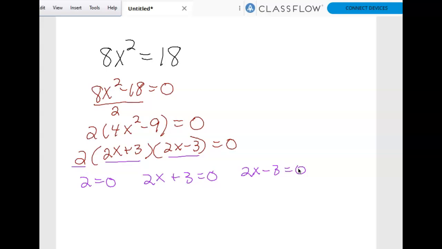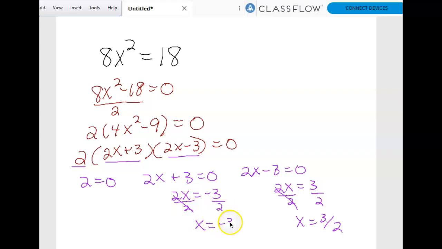So this one, I'm going to add 3 and divide by 2. So I get x is 3/2. Here I'm going to subtract 3. And I got a negative 3/2.